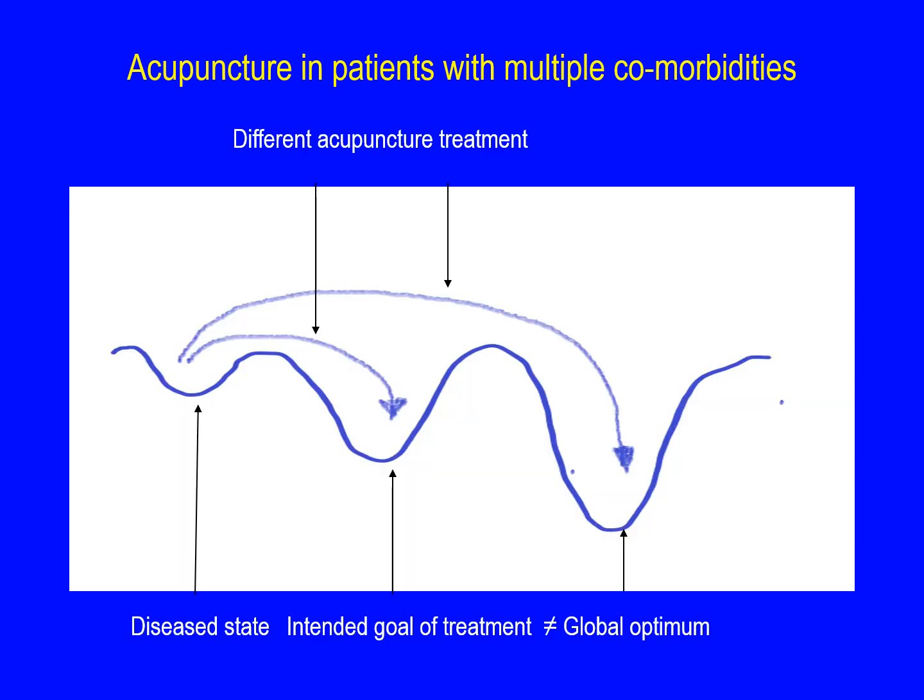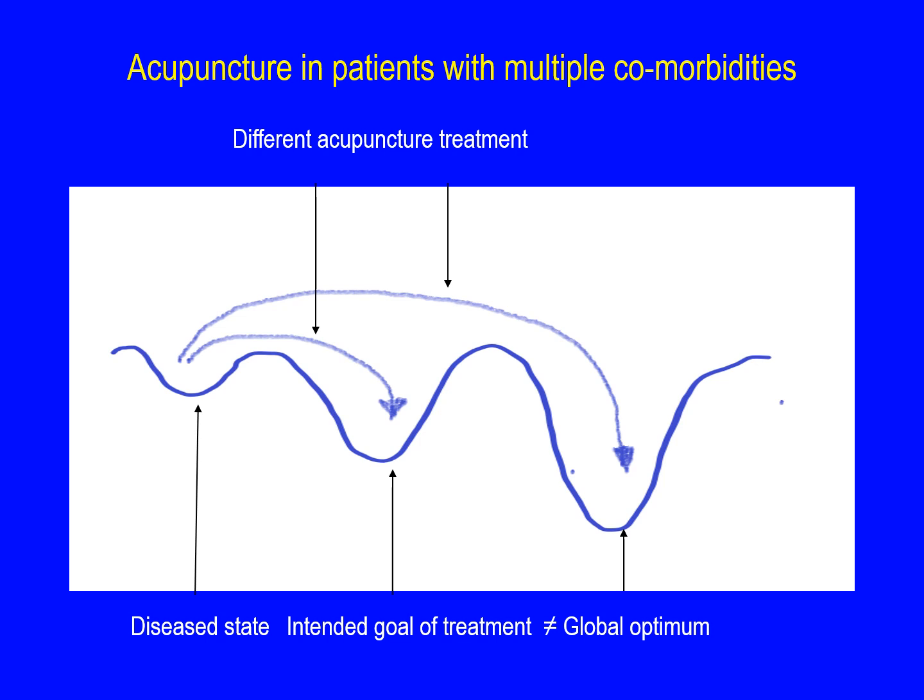So this is a diagram to illustrate the effect of acupuncture in patients with multiple comorbidities. Different acupuncture treatment in patients with multiple comorbidities can lead to a different result. And in those patients, the intended goal of treatment can be different from the so-called global optimum.